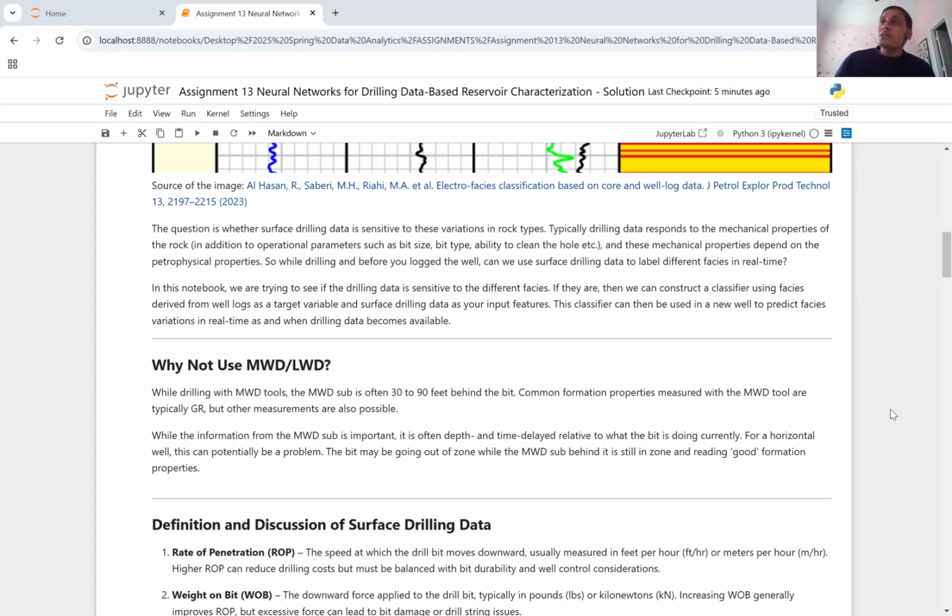And so in the end, what's going to happen is that the information that MWD or LWD subs provide us are probably quite a bit depth delayed with respect to what the bit is doing. And if we want something that is almost near real time, then we should probably harness the information content of surface drilling data. And when I talk about surface drilling data, we're talking about measurements like rate of penetration, weight on bit, torque, equivalent circulating density, RPMs of the bit, and things like that.